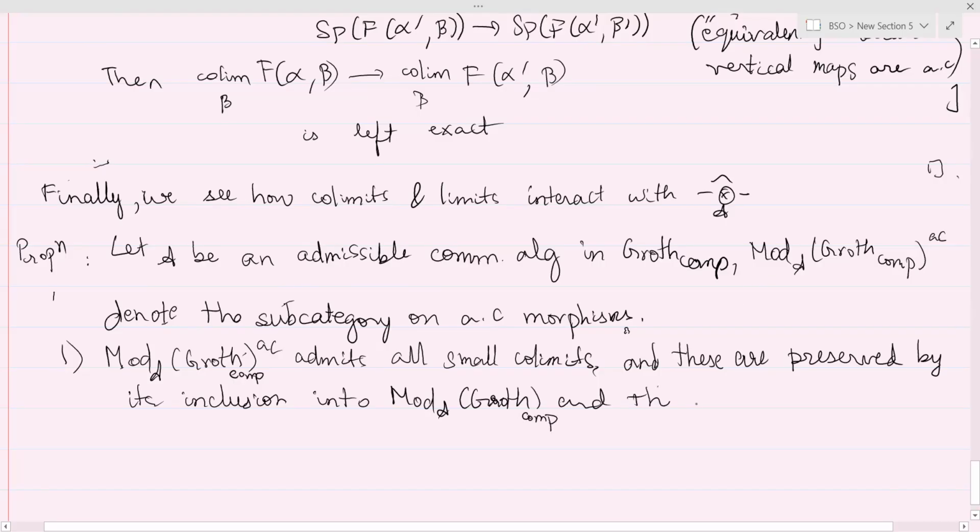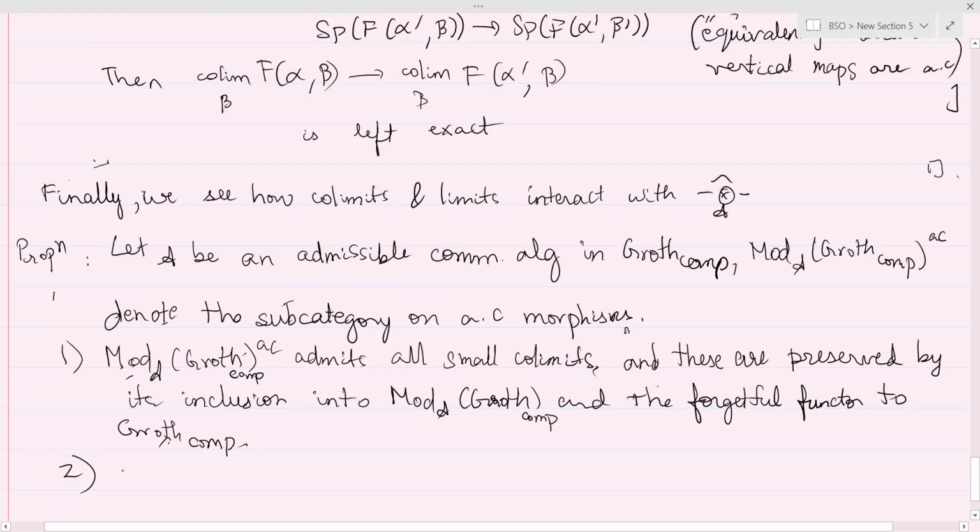And secondly, we have that it commutes when we restrict to almost compact morphisms. This thing commutes with taking this relative tensor product.